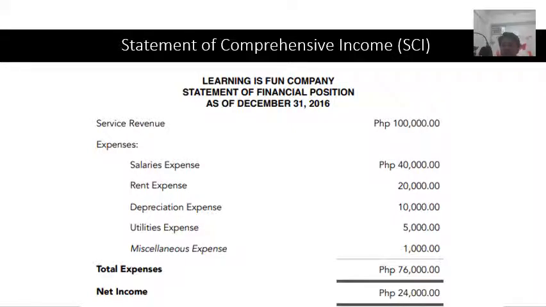And then, kukunin mo yung difference ng total expenses sa revenue. So, sabi nga natin kanina, if it is positive, then net income ang tawag natin, kumita yung business. And if it is negative naman, net loss ang tawag natin. So, hindi maganda yung operation ng business.